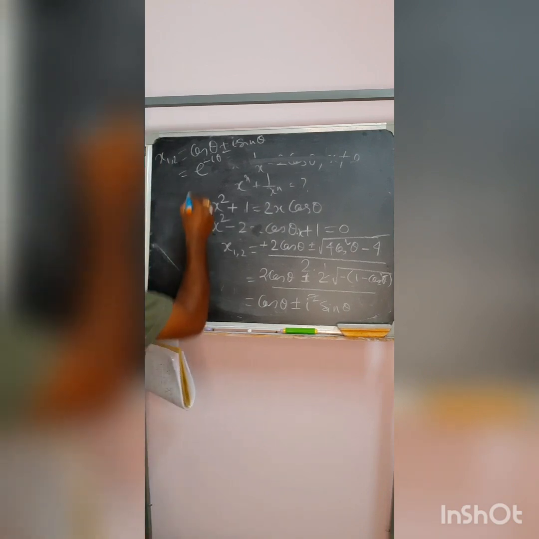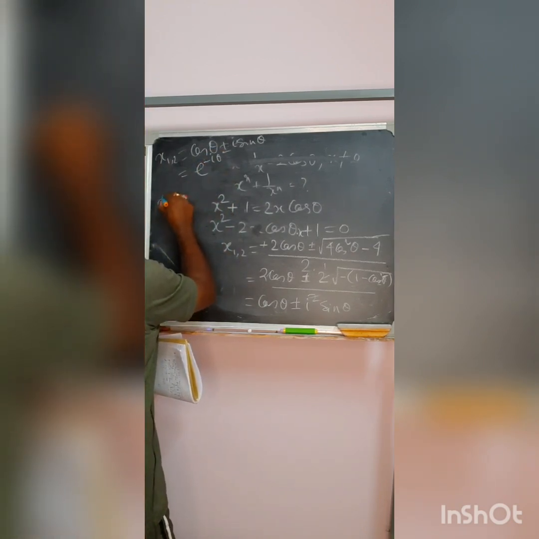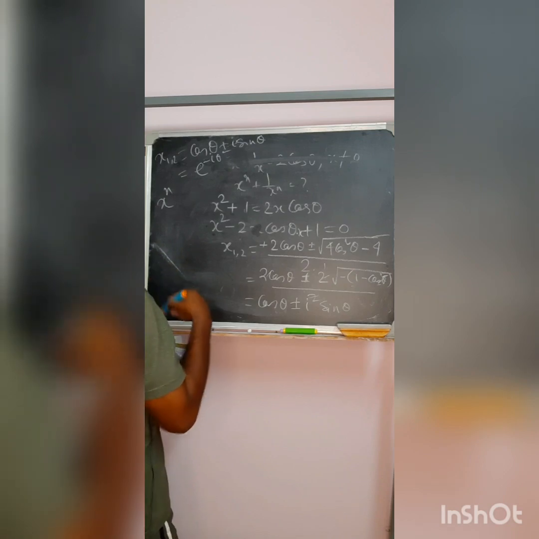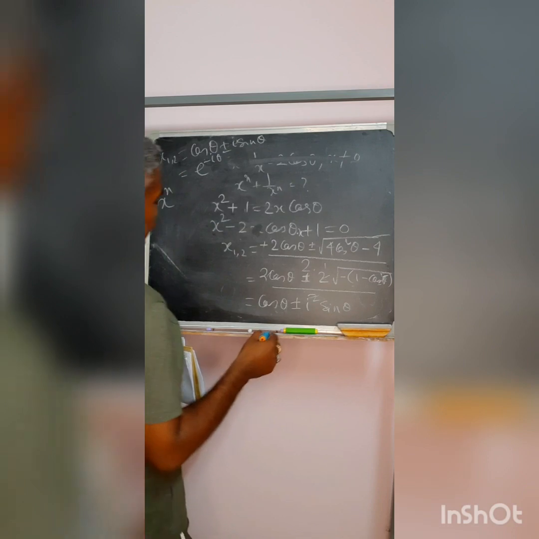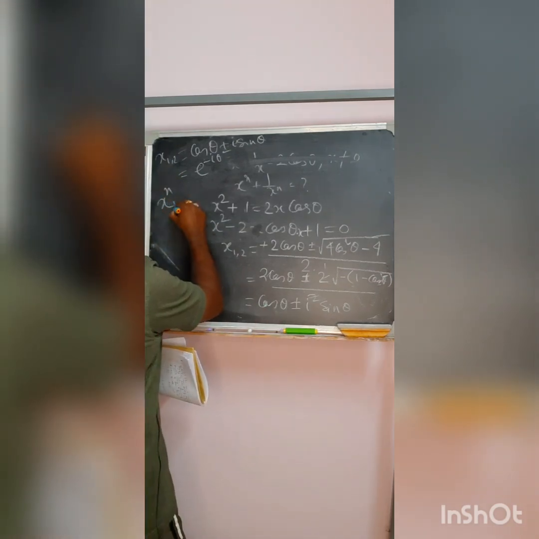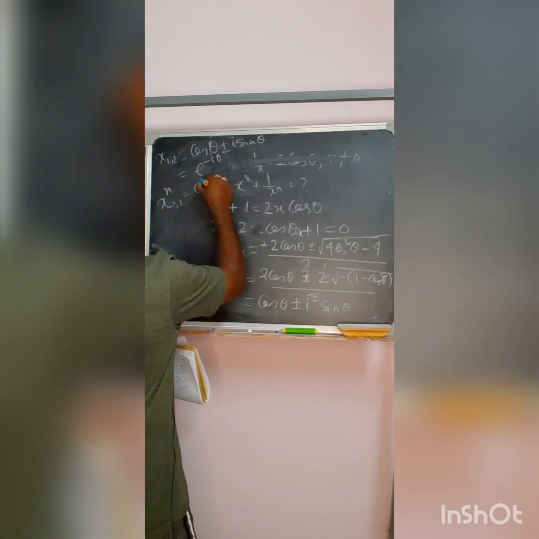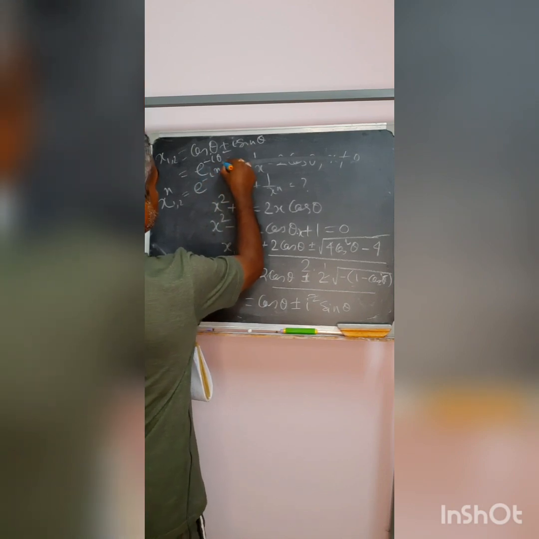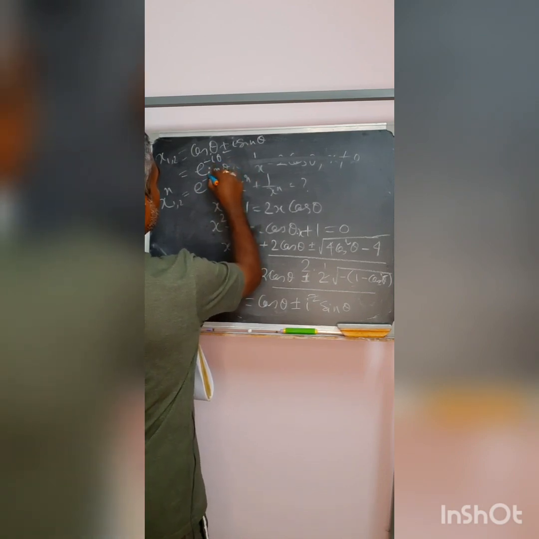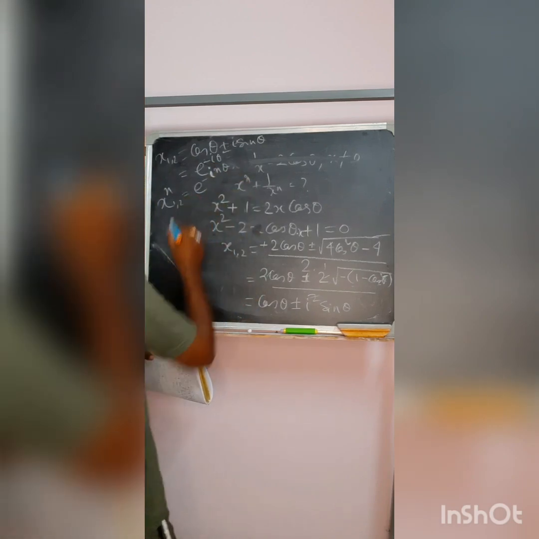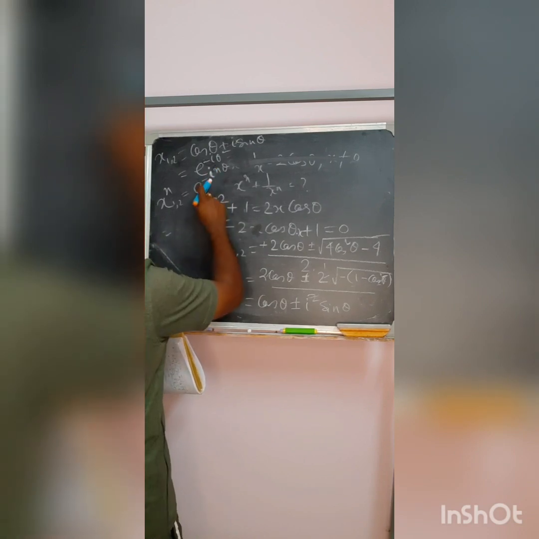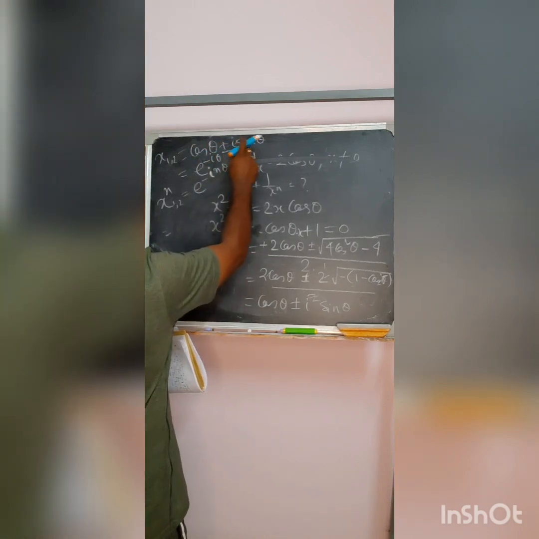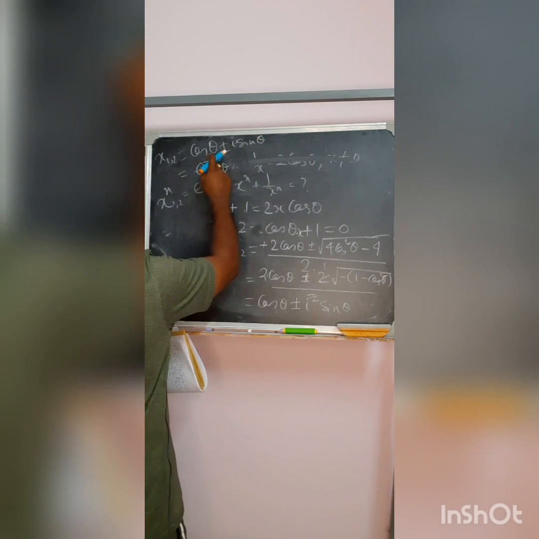Now if I take the nth power of the root, x to the power n, then it will become e to the power i n theta, written this way. So I can write this as cos theta plus minus i sin theta, raised to the power n, which is e to the power i theta to the power n.